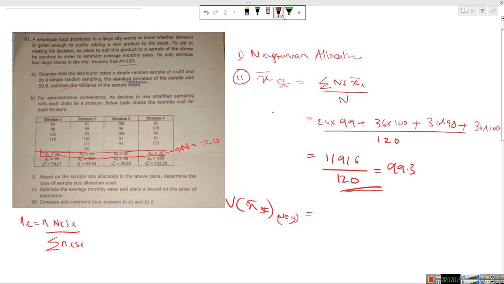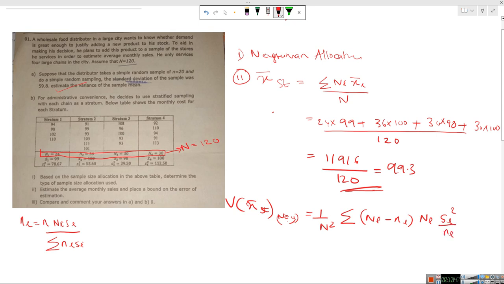Because under Neyman allocation we have this equation for finding out the variance, so that is 1 divided by N squared summation Ni times Ni minus ni, Si squared divided by ni.